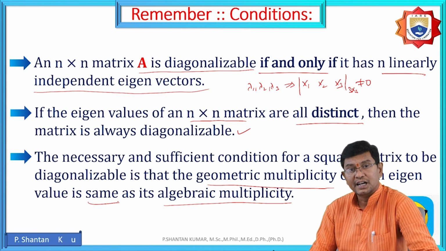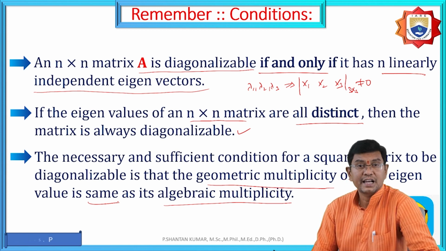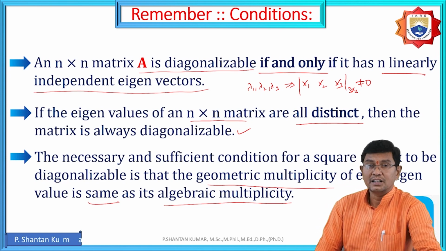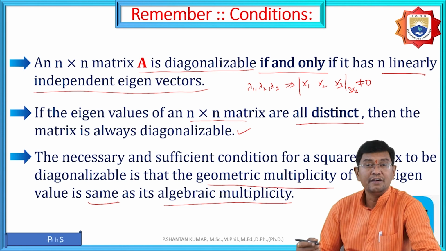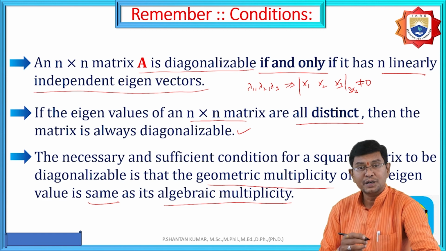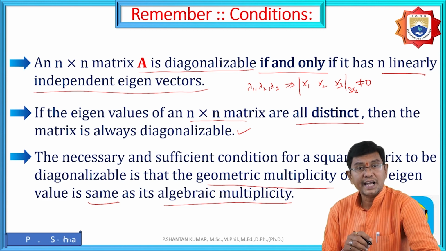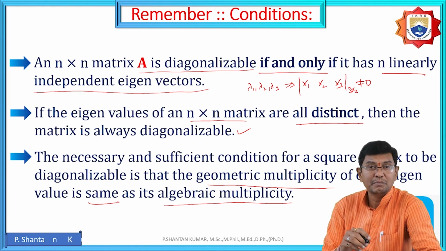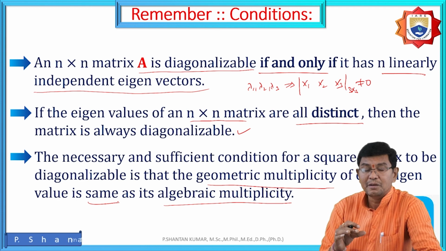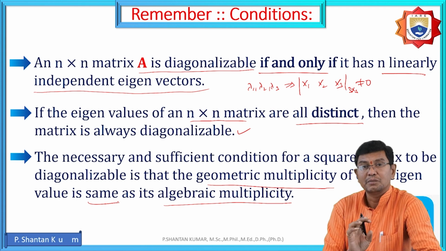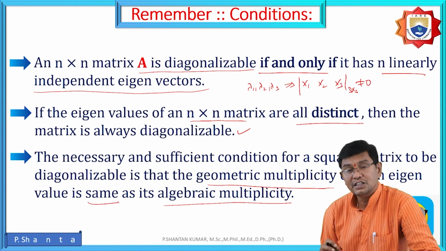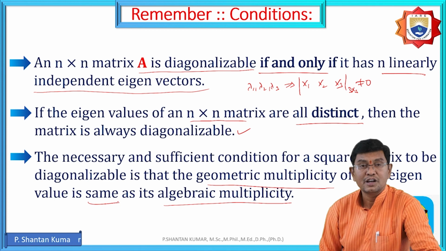One condition is that n linearly independent eigenvectors exist, then the matrix is diagonalizable. Second, if the matrix has all different eigenvalues, it is also diagonalizable. Third, whenever for each eigenvalue the algebraic multiplicity and geometric multiplicity are the same, then also the matrix is diagonalizable. In other cases, where AM is not equal to GM, it is not diagonalizable.